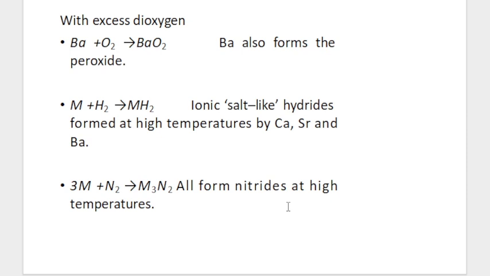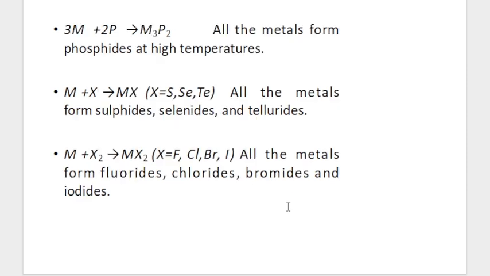On the other hand, you will notice that all of these metals in group 2 will react with hydrogen to form metallic hydrides, and all of them will react with nitrogen at a very high temperature to form metallic nitrides. If they happen to react with phosphorus, all metals would form phosphides at high temperature.